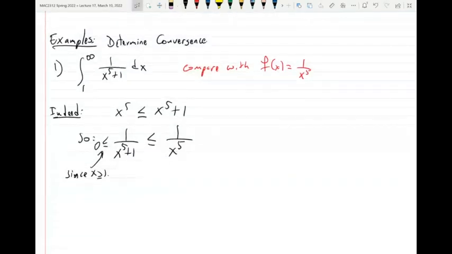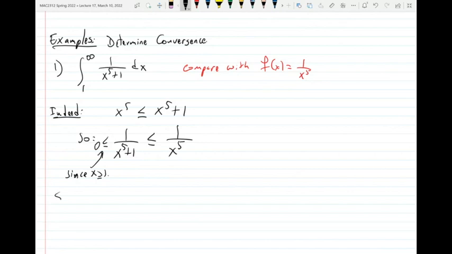So what do we write? Now we know that 1 over x to the 5 is bigger, and then we say since the integral from 1 to infinity of 1 over x to the 5 converges. Because we're not doing any calculations, you have to justify everything you say. We're making a claim here.